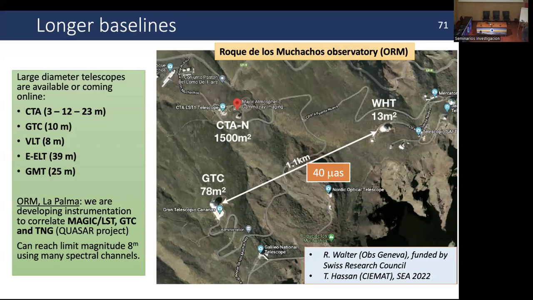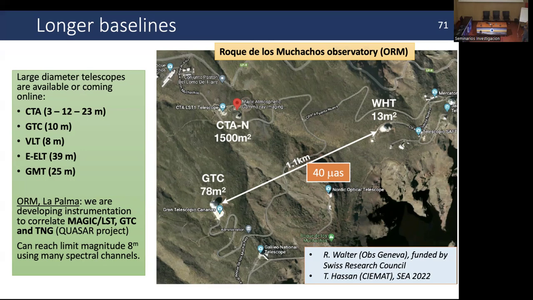And if you consider the William Herschel, for instance, it is 1 kilometer away, so you would have fantastic baselines even at Roque. The problem is they are relatively small in size, so you lose light. So you would need to compensate somehow by having faster time resolution, as I said before.